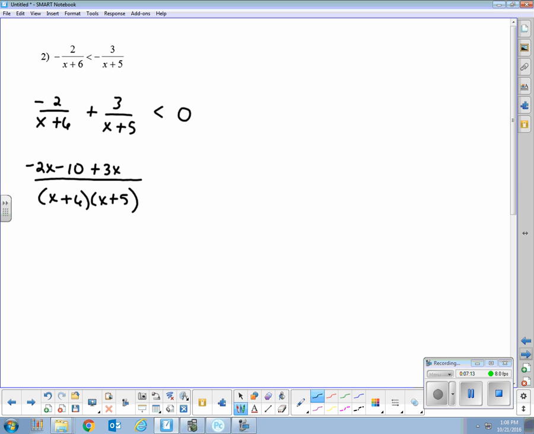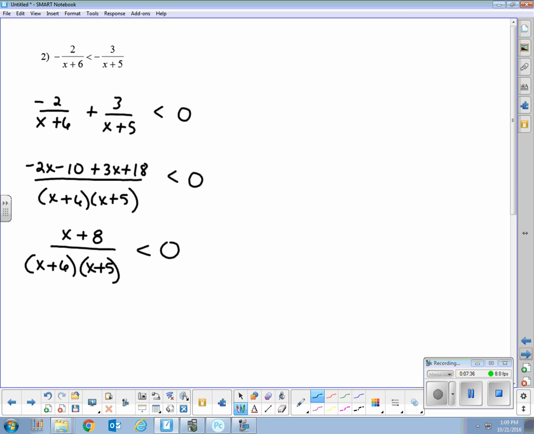That's a 3x plus 18, less than 0. Well, let's simplify the top. Negative 2x and 3x make x. Negative 10 and 18 make a positive 8. Divided by x plus 6 times x plus 5, less than 0.